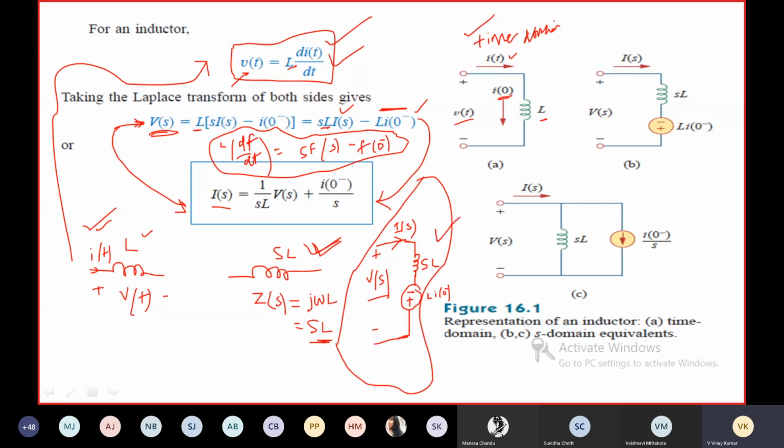So this is the circuit model in the s domain, based on the voltage equation.